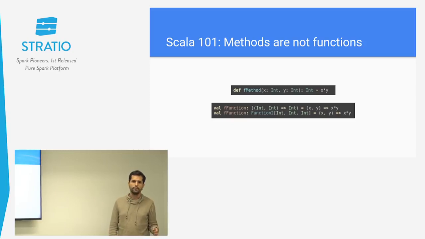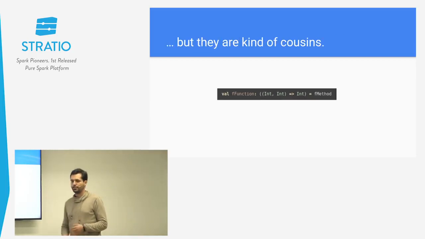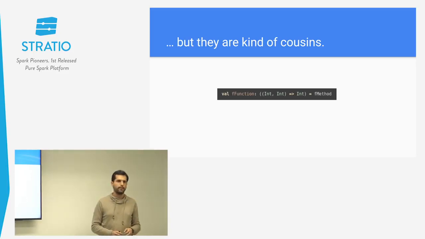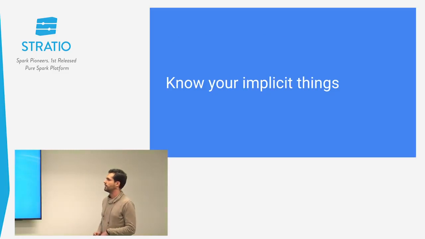But you may be thinking, okay, I have already passed methods to other functions in a higher order way. Okay, what the compiler does is cheating. It is making a conversion between the method and a function. So whenever you try to pass a method identifier as if it were a function, the compiler will make that conversion for you. That's important to keep in mind.